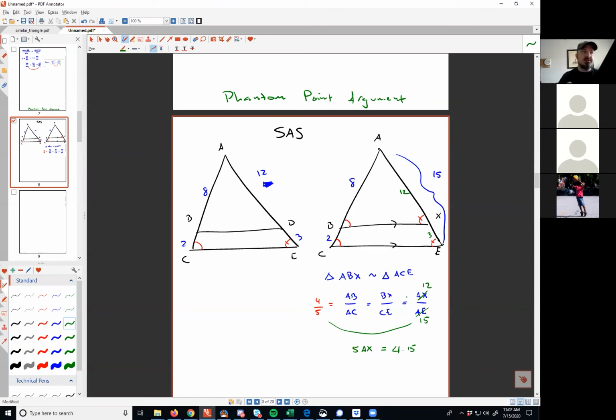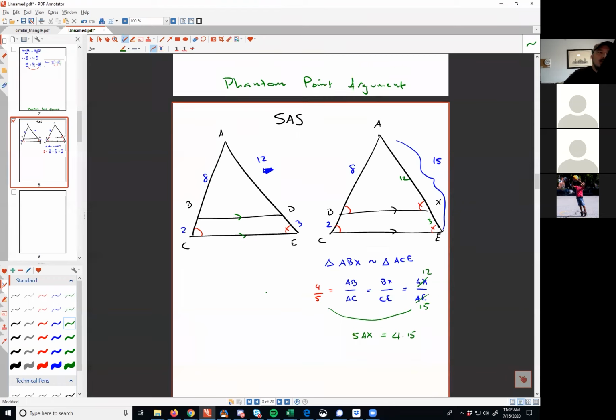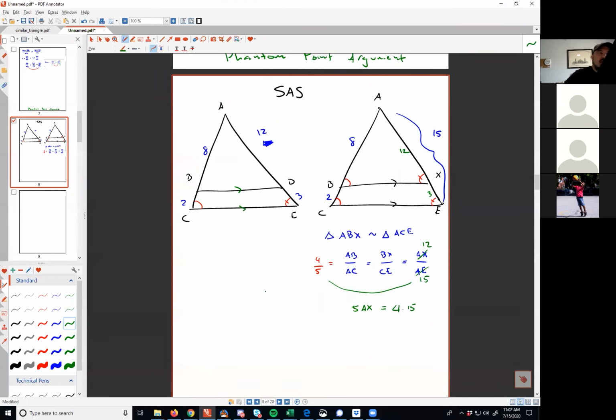Here's what this demonstrates. In the left-hand diagram, what we have are two triangles in an SAS pattern. Here's what I mean by that. We know that already just from the diagram, AB over AC equals AD over AE.